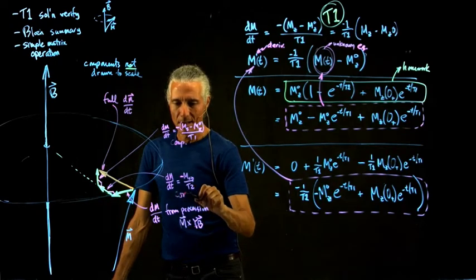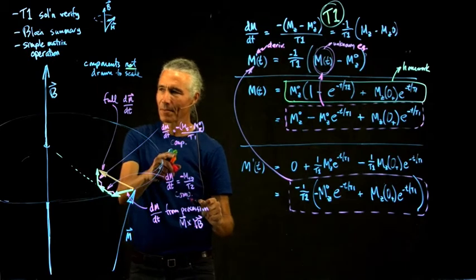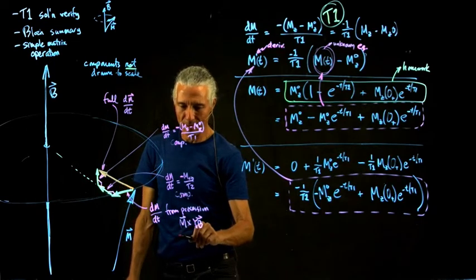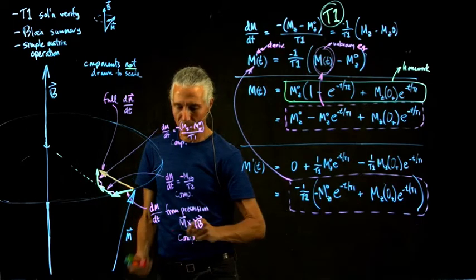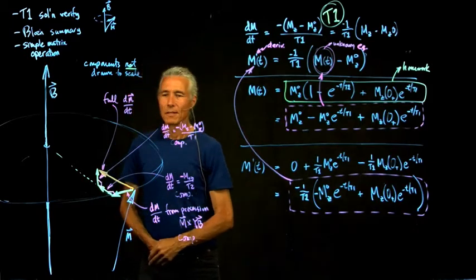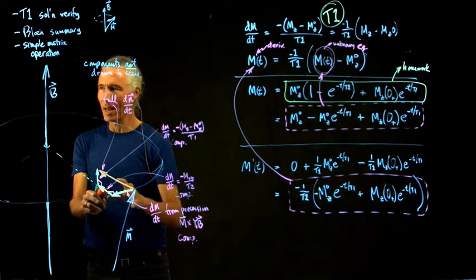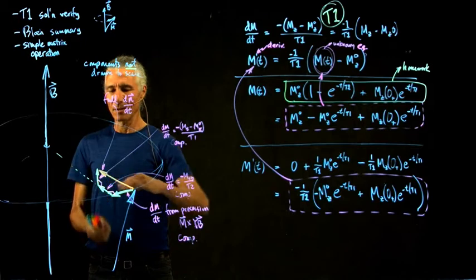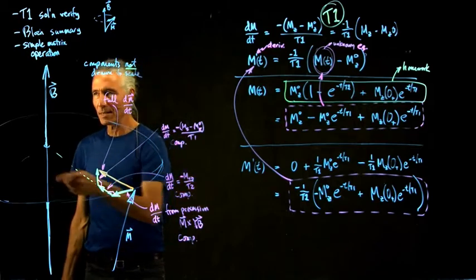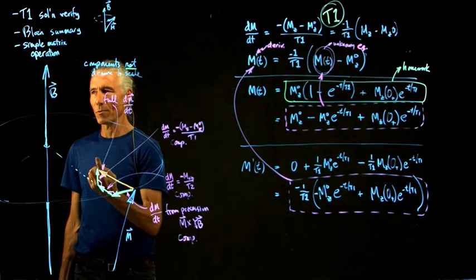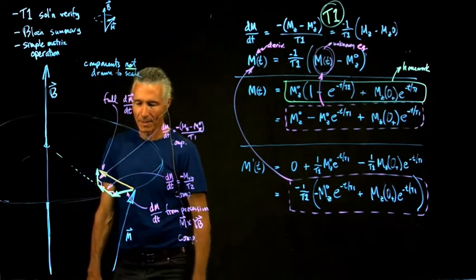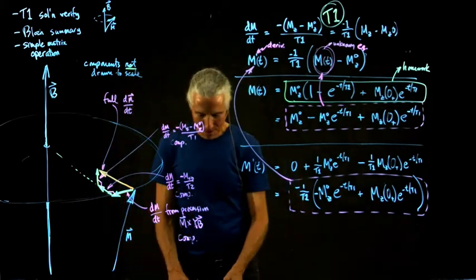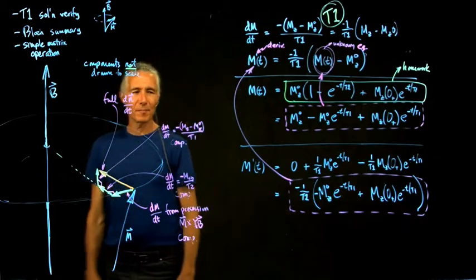This is perpendicular to that, the component in the decay, the T2 direction, and this one was the component in the precession direction. So this is the full Bloch equation now. This is the real update vector. It includes both precession, plus a little bit of decay, plus a little bit of regrowth. Okay, so hopefully that should now be cemented together into one coherent picture that makes sense.